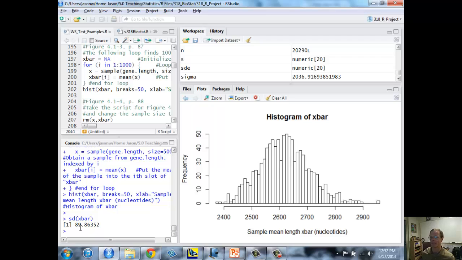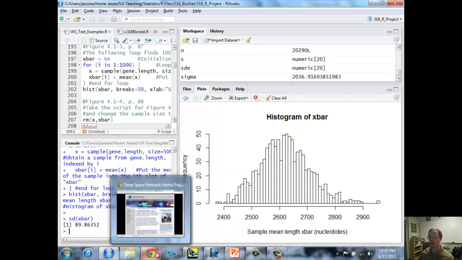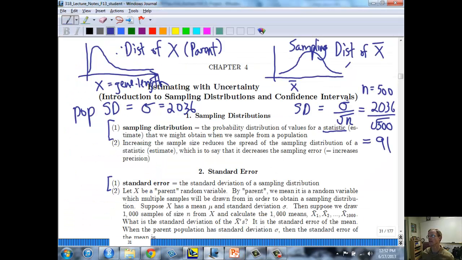Okay, it's one off. This is an estimate of the true standard error that we would get if we had the original sigma. So we get a 90 in our estimate. Very, very accurate. Great.